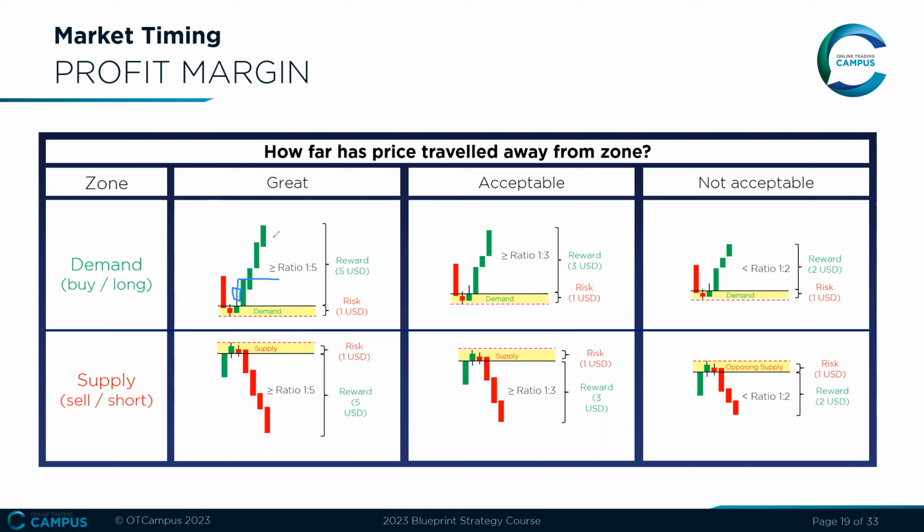So it still may be a powerful move. It kind of depends, but just for the beginning, you may want to argue that the less price has traveled away from the zone in terms of a risk to reward ratio, the less quality that zone comes with. The less unfilled order that zone may come with.